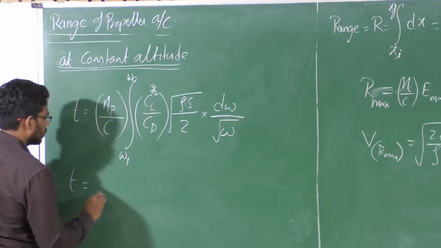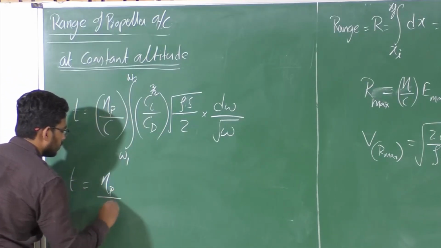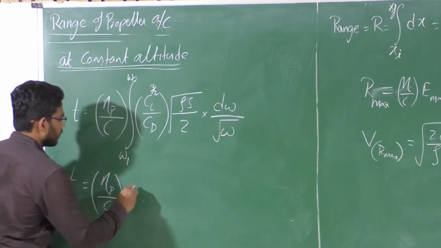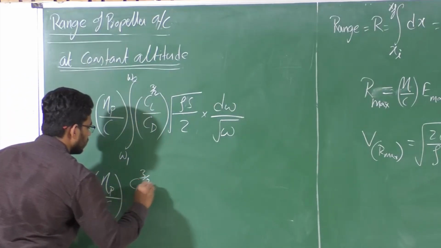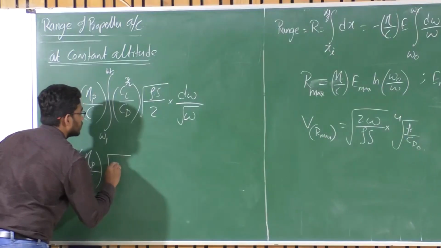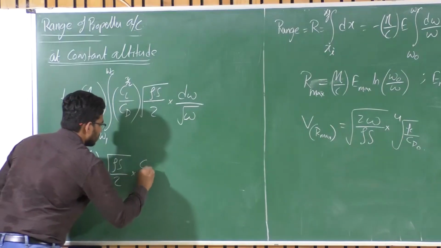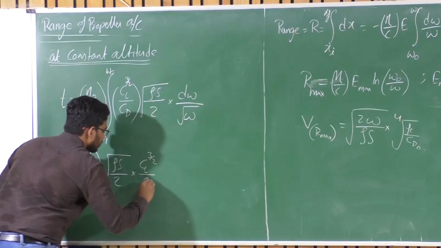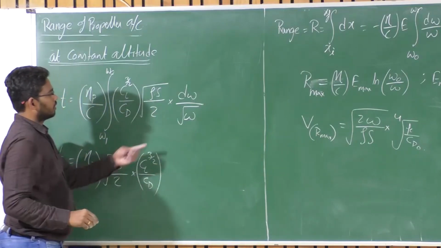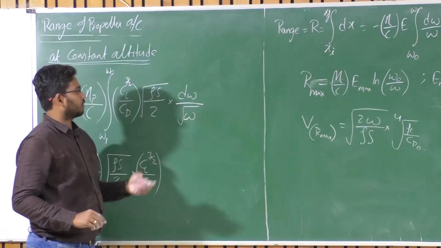So for constant altitude, this particular fraction is constant, isn't it? Because density is constant, and at a constant angle of attack, CL and CD, or CL power 3 by 2 by CD is also constant. So you can take it out of the integration. What I have is T is equal to eta of the propeller, efficiency of the propeller, times CL power 3 by 2 upon CD, rho S upon 2, multiplied by 1 over the integration of 1 over root x, right?